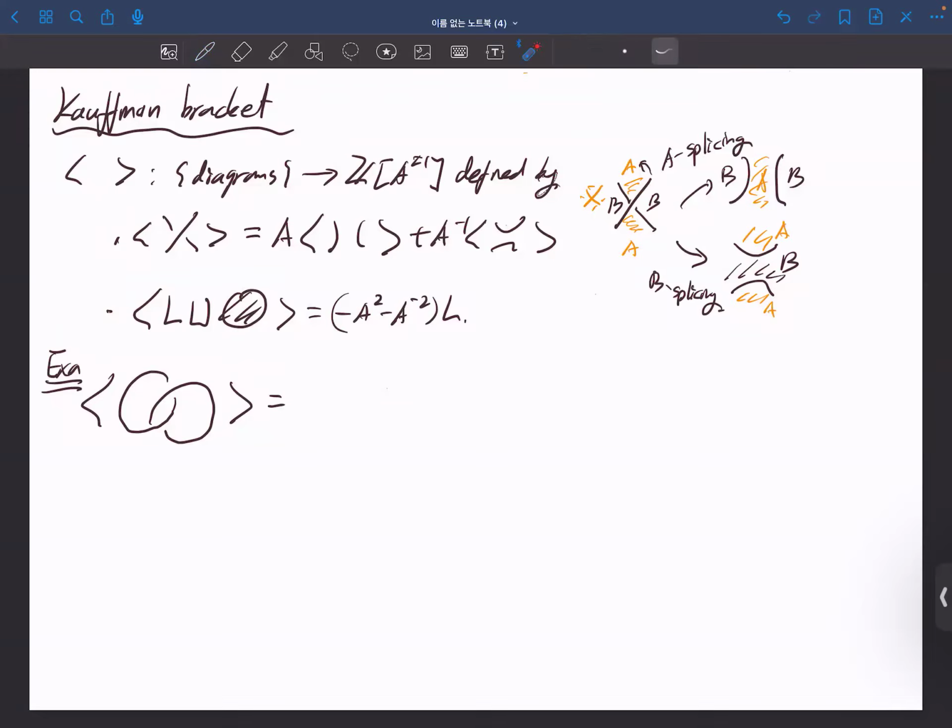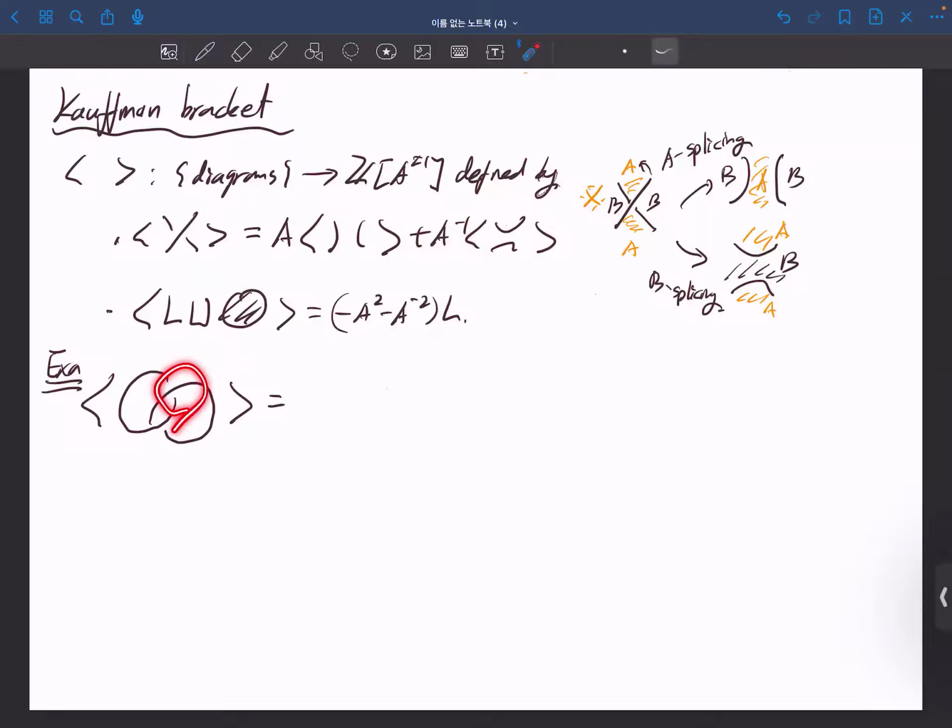And now, for a crossing, this equality means this is equal to a linear combination of two diagrams obtained by A splicing and B splicing separately, respectively, with two coefficients A and A inverse. And we use that relation like this.